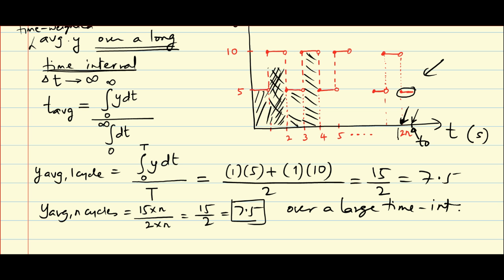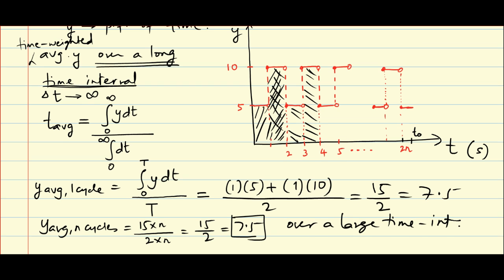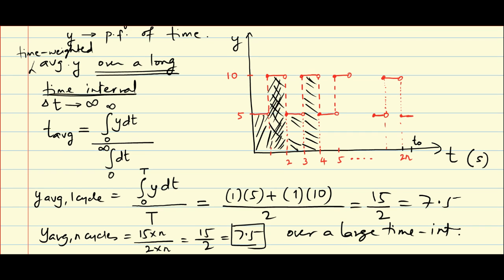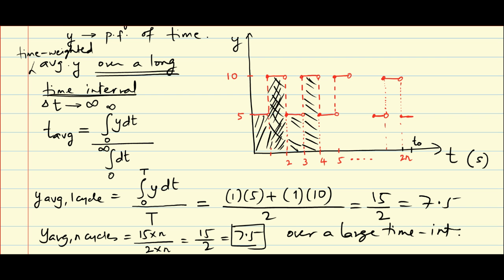Let me just clean up the figure a bit. So I want to calculate the time weighted average of y from 0 to t0, and the last complete cycle, it's the nth cycle, it has got over at time equal to 2n, and after that in this time interval there is a fraction of a cycle, right?